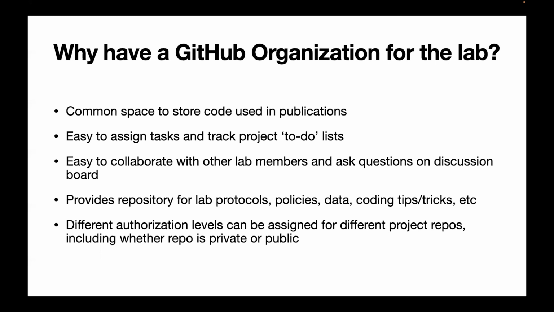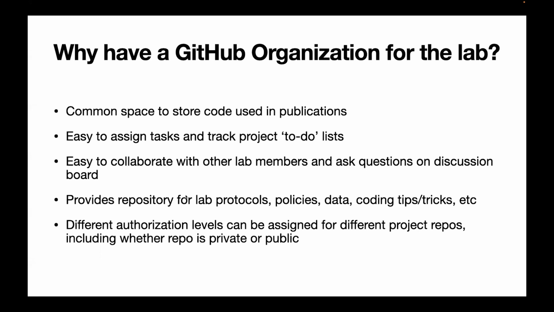And you can assign tasks to different people, including yourself. Even if it's just your own project, you can write out that you need to do X, Y, and Z and track your own progress. So that's one way to keep yourself organized. It also makes it easy to collaborate and discuss things with people on GitHub regarding a certain project or repo.